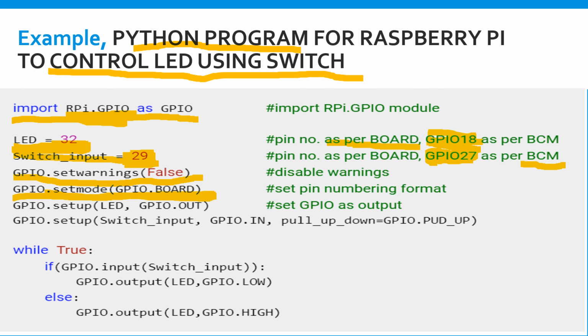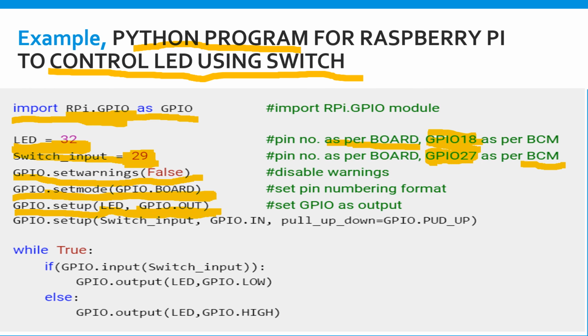Now I have to set the LED as an output, and therefore I am using this line GPIO.setup(LED, GPIO.OUT). That means this pin is set as an output. LED is set as an output.